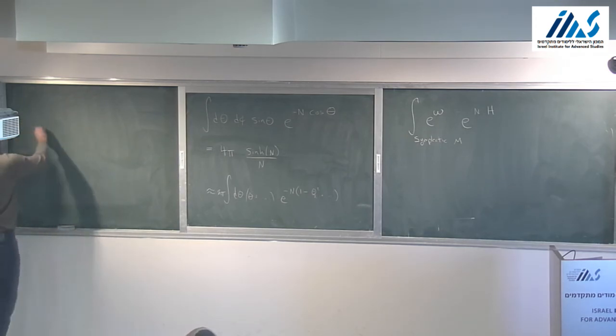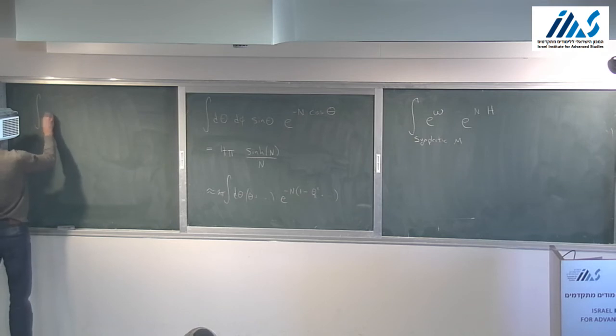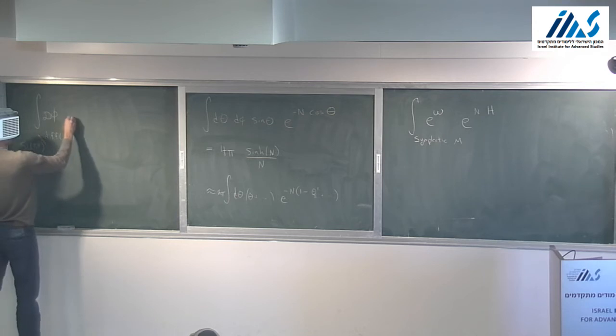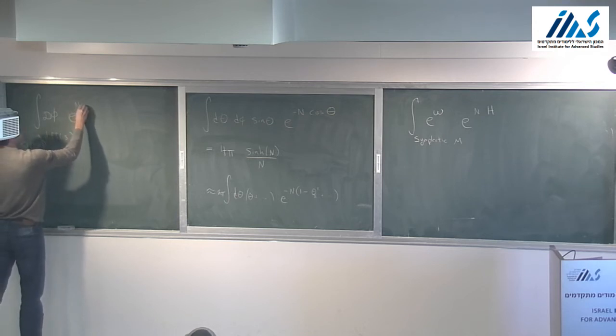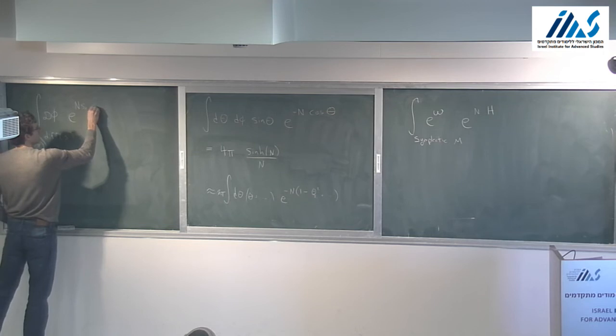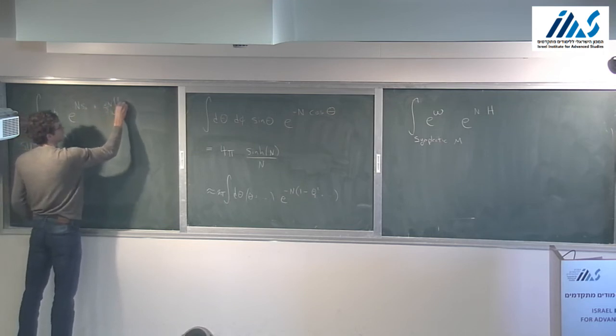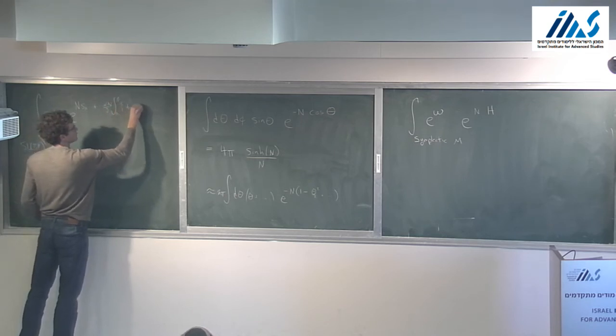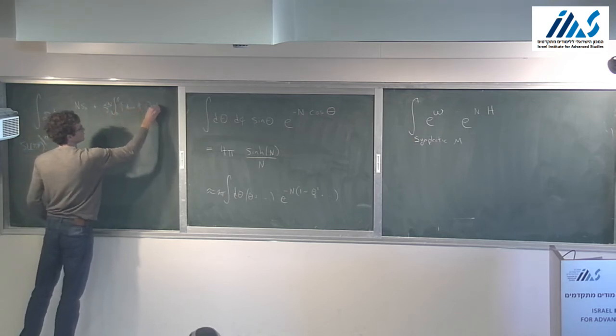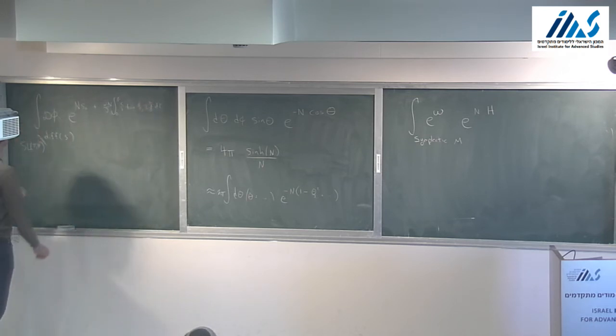And that's an integral of d phi over this space we've discussed many times, Diff S1 left quotient by SL2R, of the expression e to the n S naught plus alpha n over j. Okay, so this is the Schwarzian path integral. This is Z of beta for the Schwarzian theory.